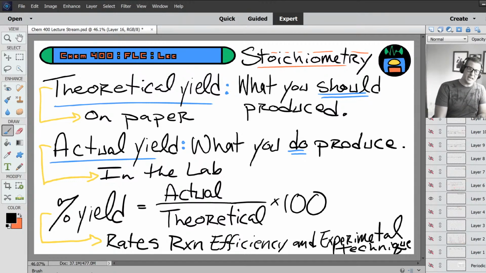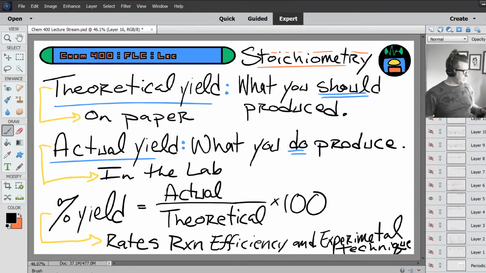It also could be that the person doing the reaction is sloppy, spilling stuff, losing material, not careful all the way through, maybe doesn't clean their glassware. So that's a reason why percent yields can be low as well. It's kind of a mashup of these two things together.